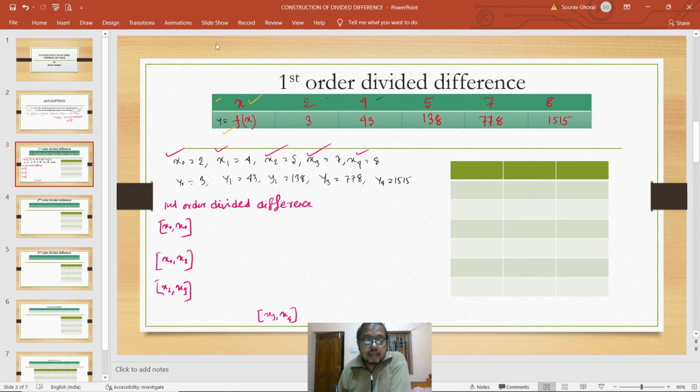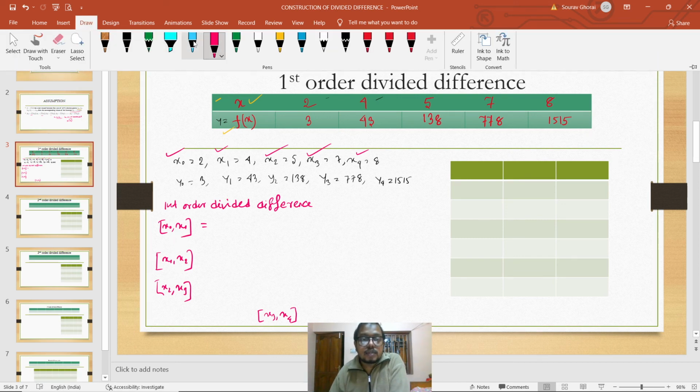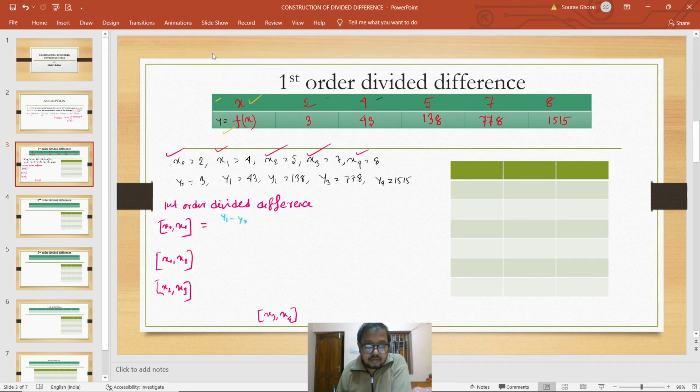Now, what is the expression for x0, x1? The divided difference of 2 points is denoted in square brackets. So [x0, x1] will be (y1 - y0)/(x1 - x0). You can also write it as (y0 - y1)/(x0 - x1), which is also [x1, x0].